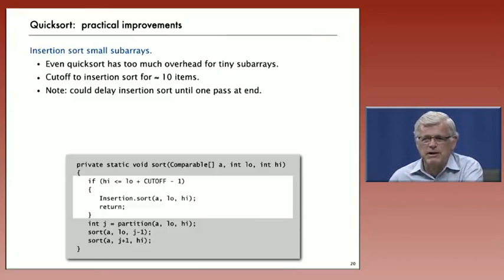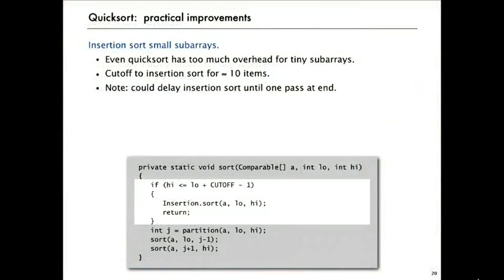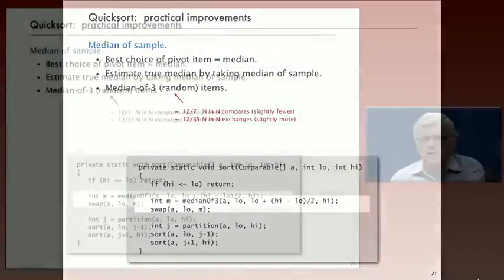So you can cut off to insertion sort for small arrays. The exact number is not too critical. Anywhere between 10 and 20 will improve the running time by maybe 20%. Also, you could just not do anything for small arrays and then do the insertion sort in one pass at the end. So that's a first improvement.